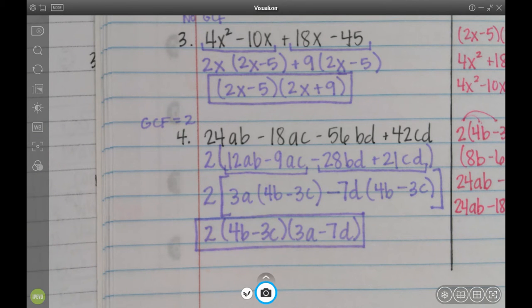Just to ease some of your worries, they're not all going to be as complicated as number 4. Okay, no need to panic. They're not all going to be that crazy. Most of them will be much more similar to question 3 than question 4.